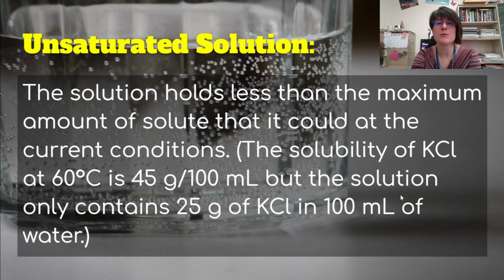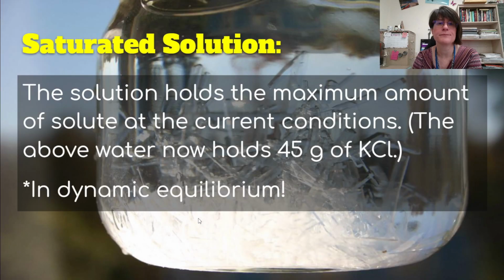So that's that solubility I talked about, reported in mass per 100 milliliters. But the solution only contains 25 grams of KCl in 100 milliliters of water. Therefore, we say it is unsaturated. Because it could hold 20 more grams, it's unsaturated because it could hold more.